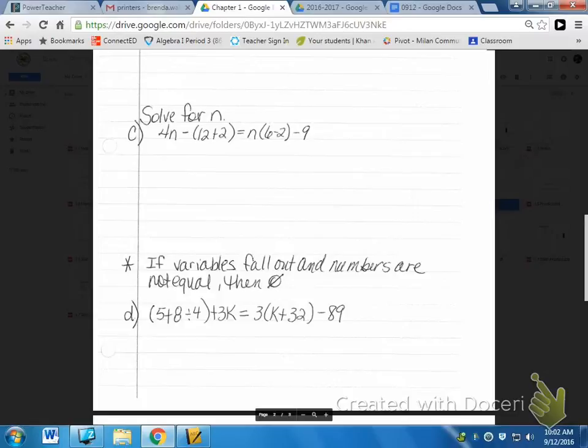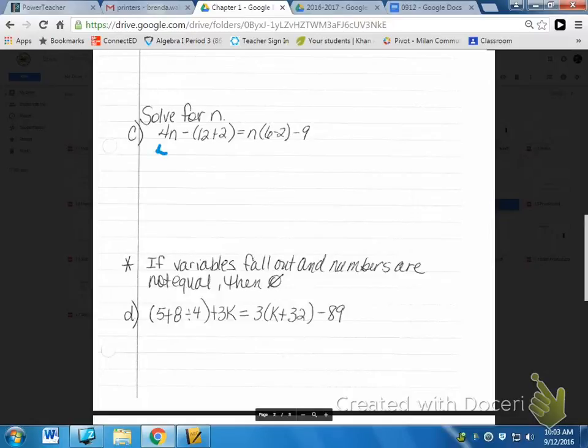So we're supposed to solve for n, okay, and we're going to follow the steps that are on the poster. So, Ben, what's the first step? Step 1, distributive property. Do we have any of that? 12 plus 2, 4.